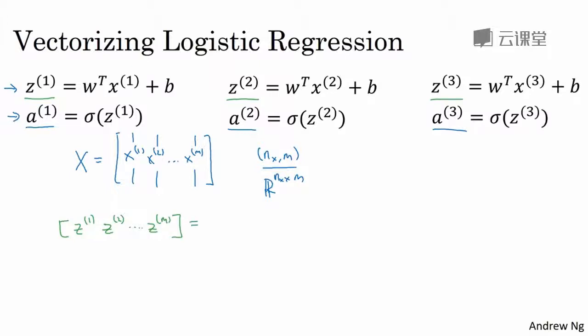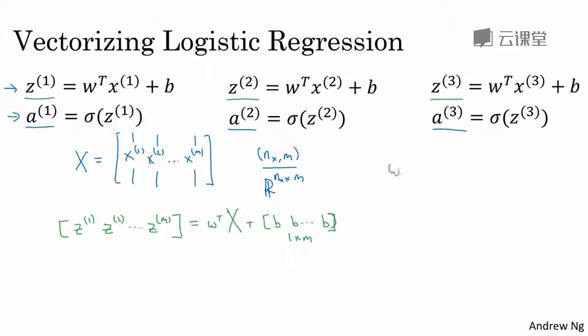It turns out that this can be expressed as W transpose times the capital matrix X, plus a vector [b, b, ..., b], where this is a 1 by m matrix, that is an m-dimensional row vector.